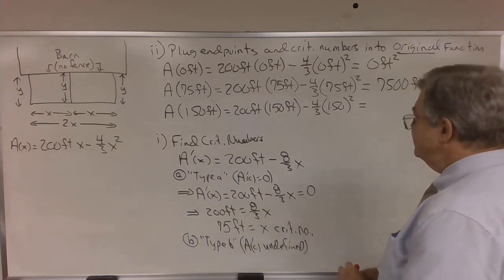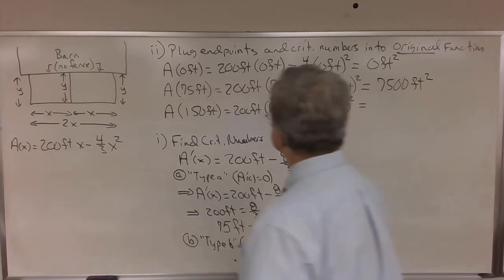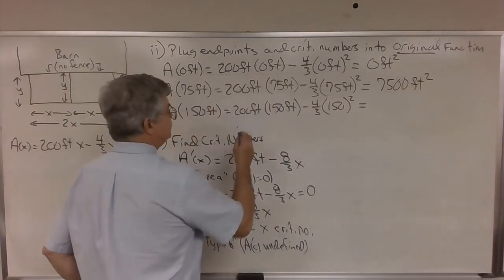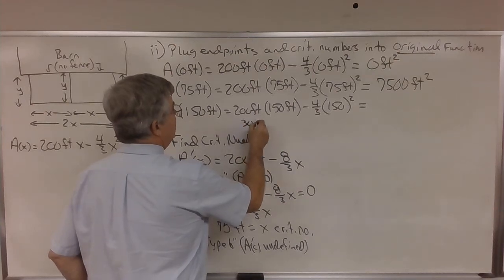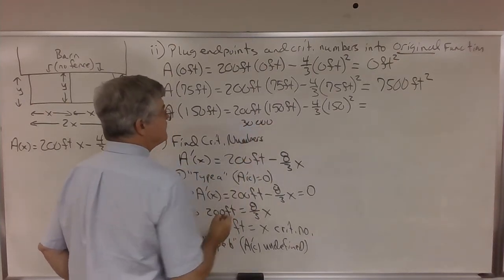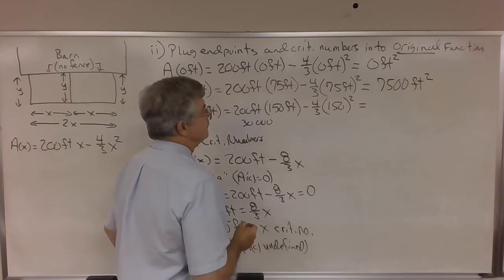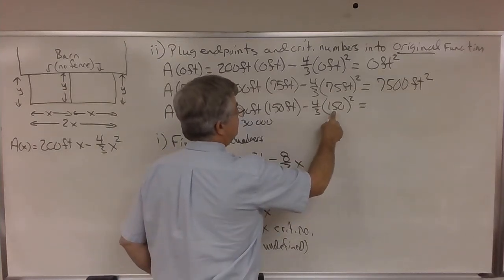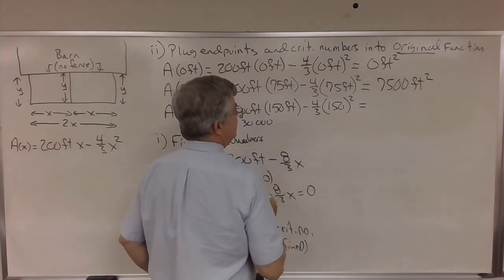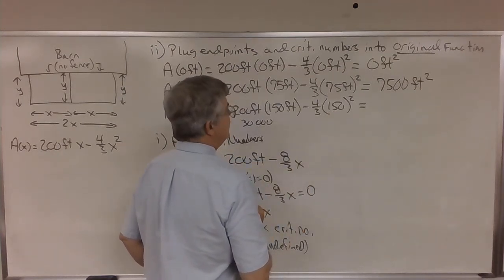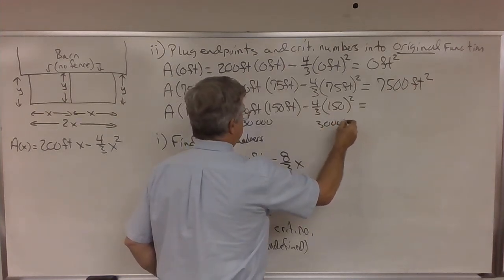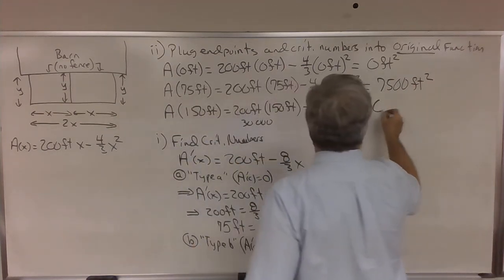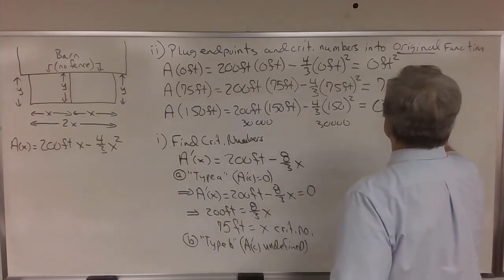And goodness gracious, this looks like 30,000. And let's see, 2 times 150 is 300. So we have 300 times 300 is 90,000, divided by 3 is 30,000. Okay, we get 0 feet squared.